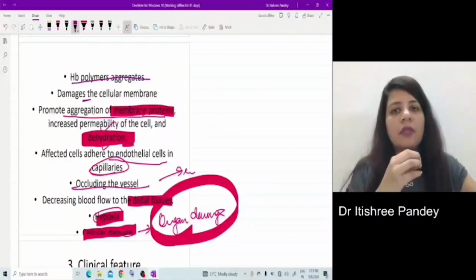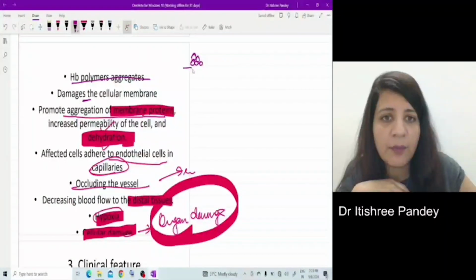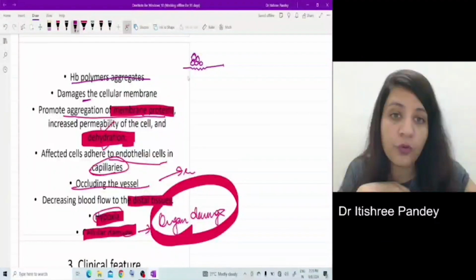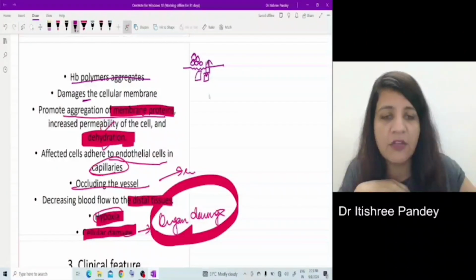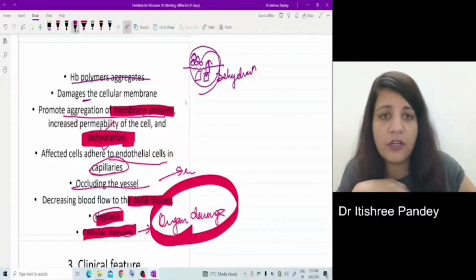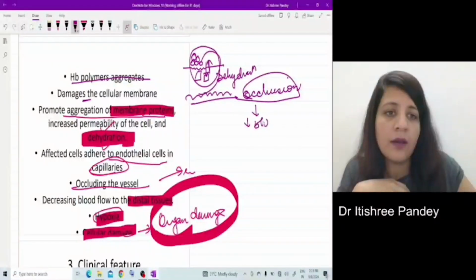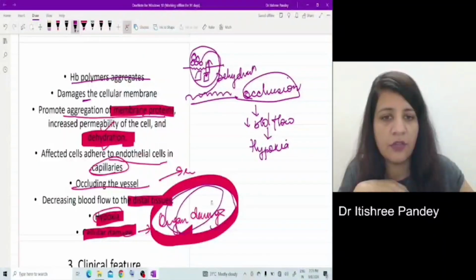I repeat, this hemoglobin polymer will aggregate and damage the cellular membrane, and this membrane damage will promote the aggregation of the membrane protein, and hence the permeability of the cell will increase, leading to dehydration, and ultimately this affected cell will adhere to the endothelial cell, leading to occlusion, and this occlusion leads to decrease in the blood flow and hypoxia, which ultimately leads to organ damage.